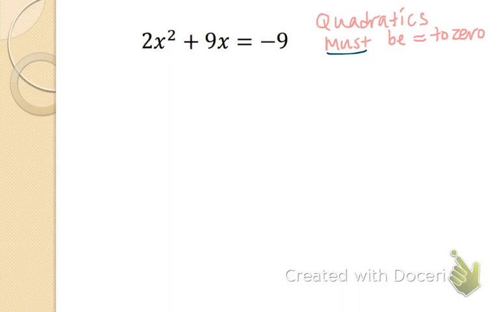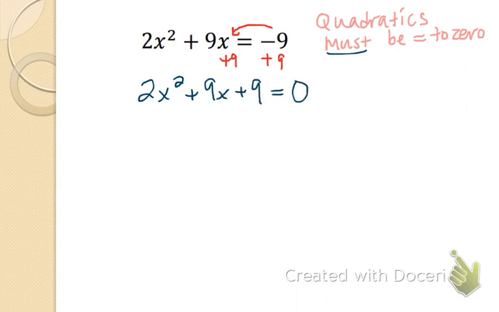So this 9 doesn't belong there. We're going to move it over to the left side, and in doing so, we're going to add it. Now we're not going to add it to the 9x because 9x and 9 are not like terms. We're just going to add it behind the x term, and there you go. Now it's equal to 0. So we got to factor. 2, 9, 9, nothing in common.